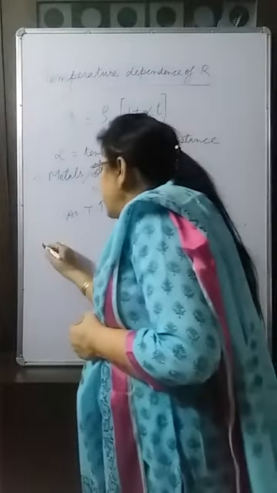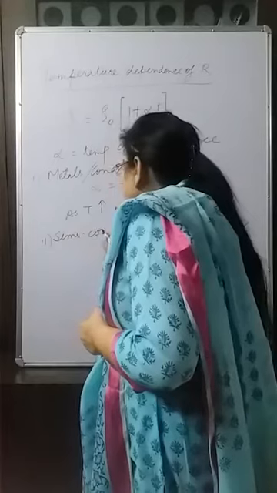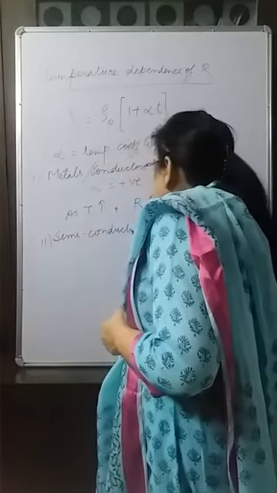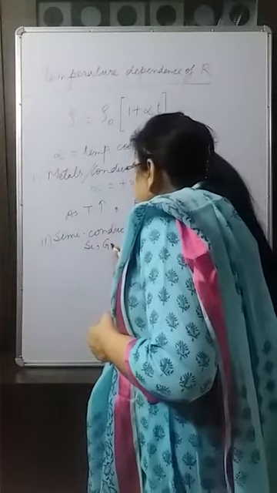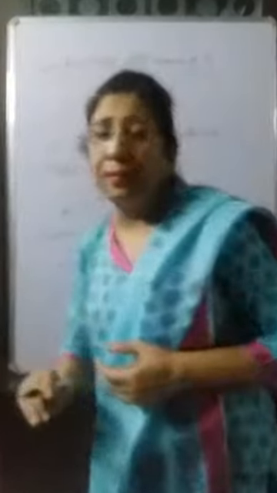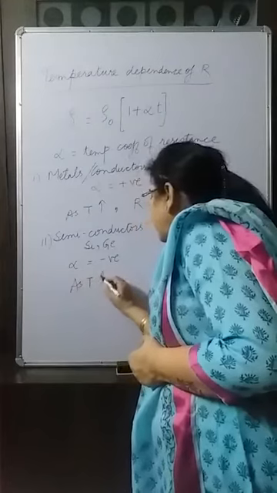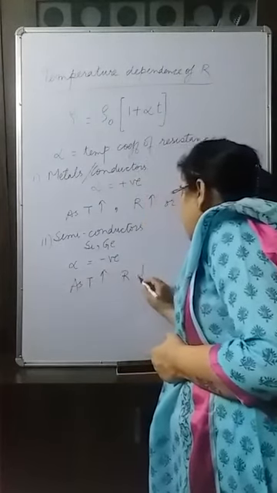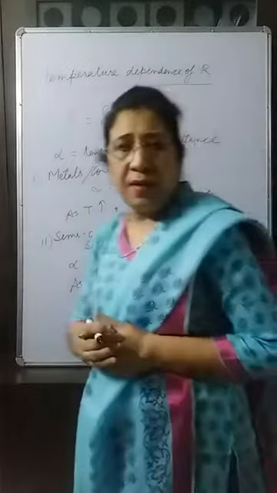But for certain materials, which we call semiconductors, such as silicon, germanium, the value of alpha is negative. This means that as temperature increases, resistance decreases or resistivity decreases.